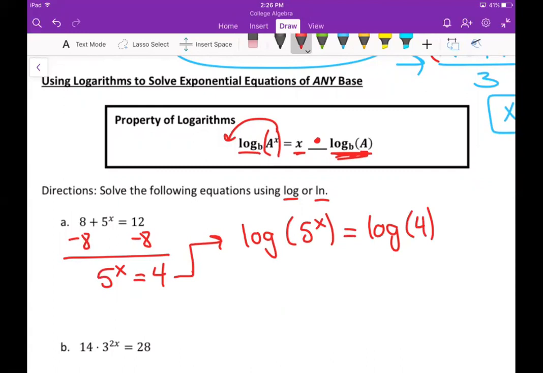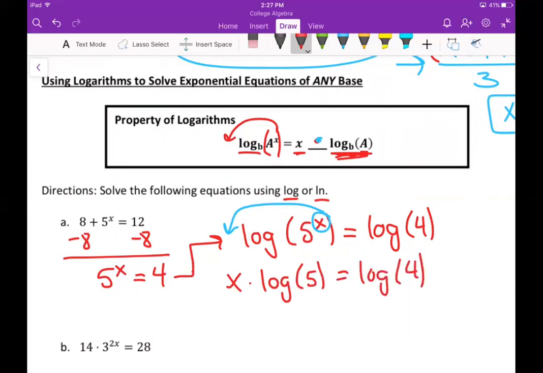That means this exponent can now drop down out front of this log and be multiplied by it. So now I have x times log of 5 equals log of 4. Remember, log of 5 is just a number now.